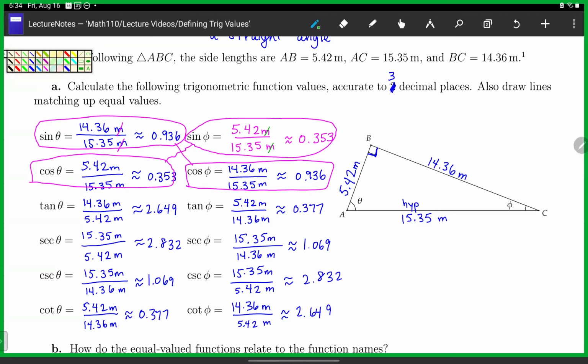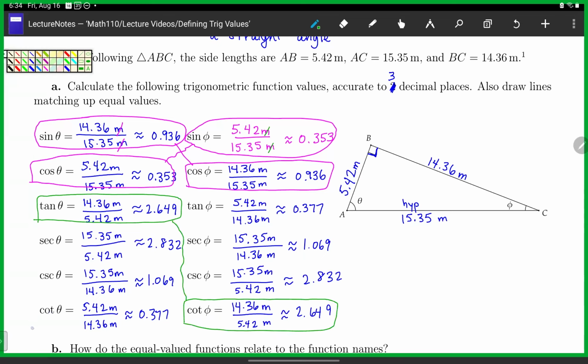So go through here and find the other ones that are equal to each other. And I'm going to do the same. We have tangent of theta should be the same as cotangent of phi.